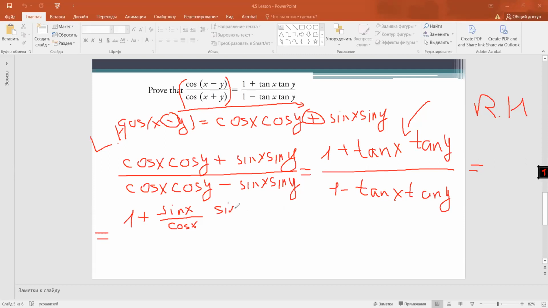Then times sine y over cosine y, right? Now the denominator. We have 1 minus sine x over cosine x times sine y over cosine y. Make sure to copy down with me.